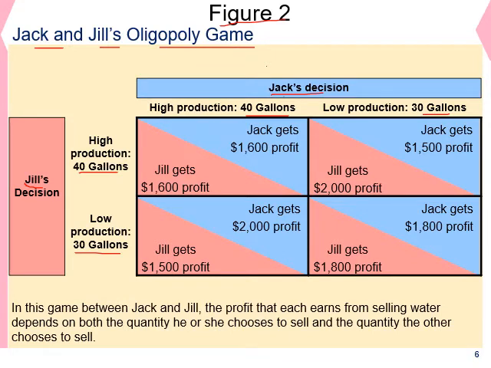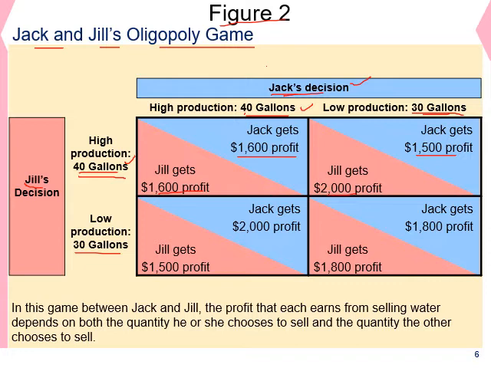If Jack decides to produce 40 gallons of water, and Jill decides to also produce 40 gallons of water, both will get a profit of $1,600. On the other hand, if Jack decides to produce only 30 gallons of water, while Jill is producing 40 gallons, Jack's profit would decrease to $1,500 and Jill's profit would increase to $2,000.